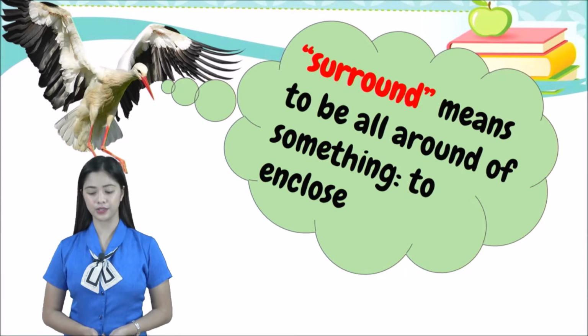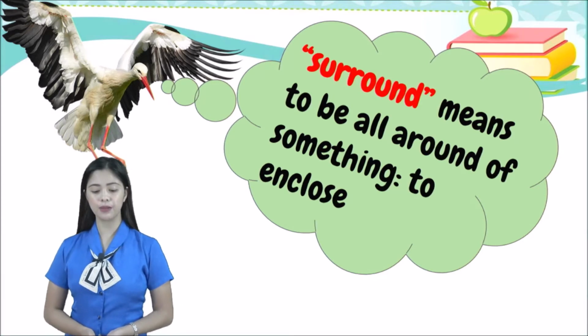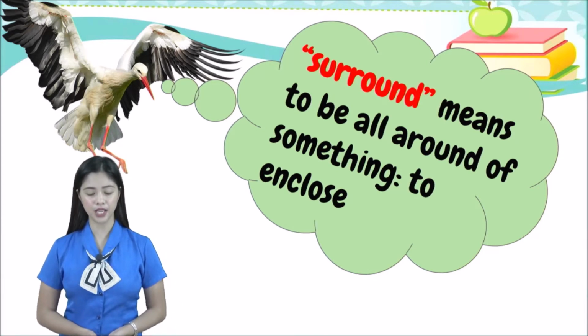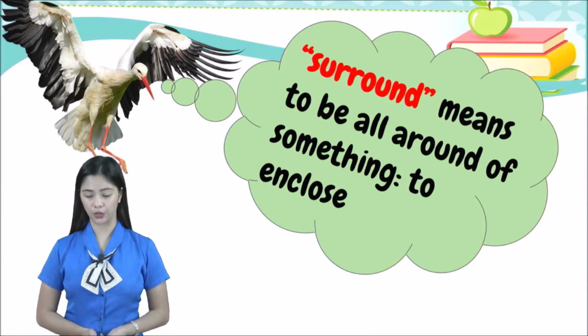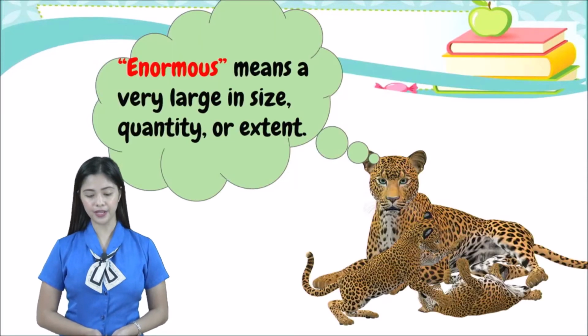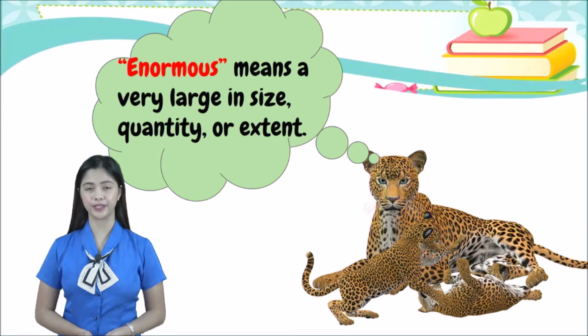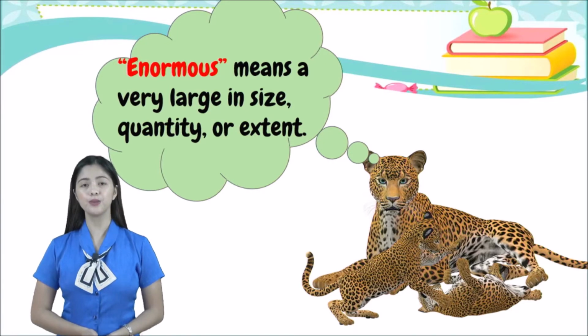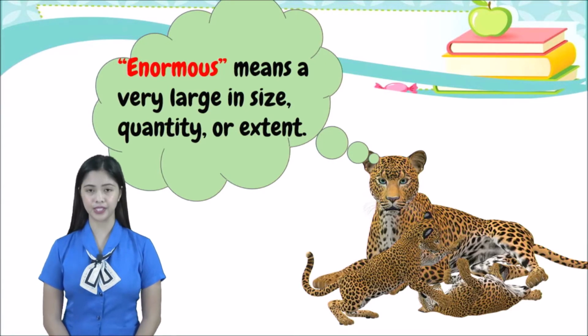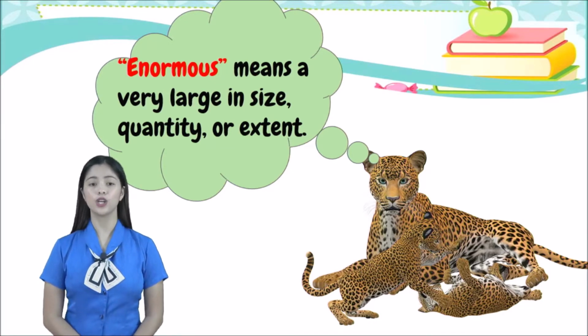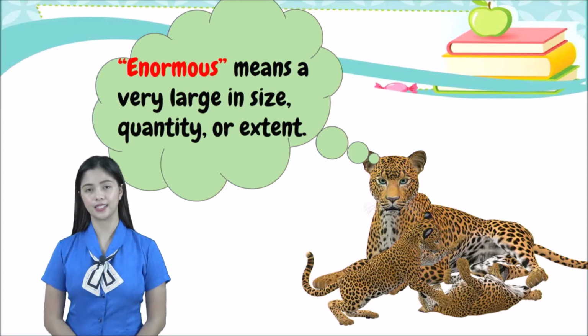When we say surround, it means to be all around something, or to enclose. Next, we have the word enormous. Enormous means very large in size, quantity, or extent.